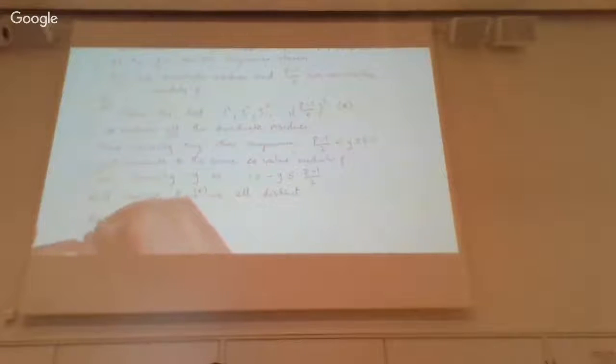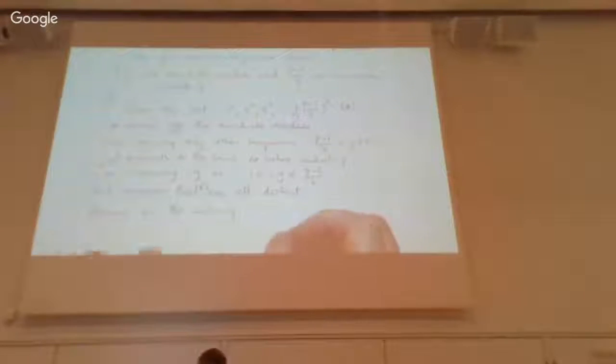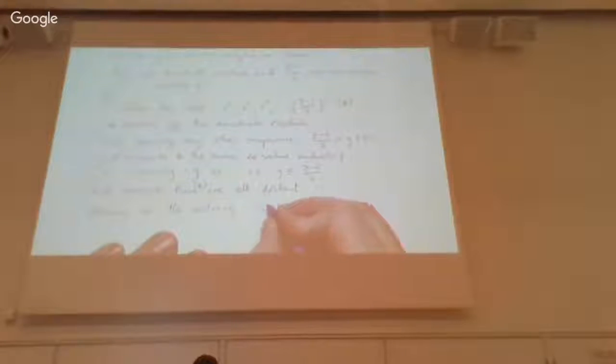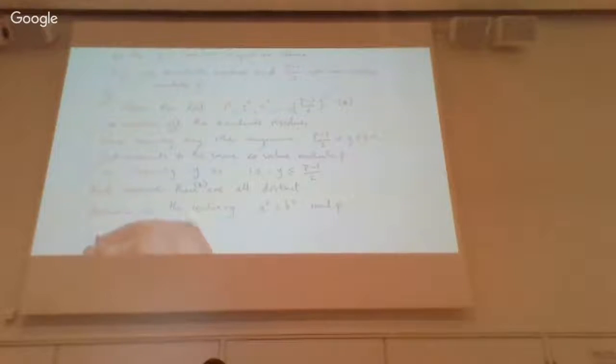So assume on the contrary, so we're going to do a little proof by contradiction. Assume on the contrary that a squared is congruent to b squared modulo p. A and B are two things from this list. So A and B are both bigger than or equal to 1 and less than or equal to p minus 1 over 2.